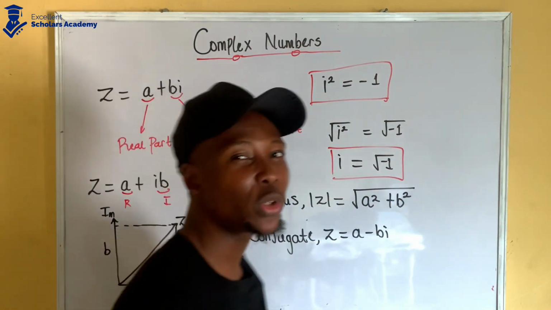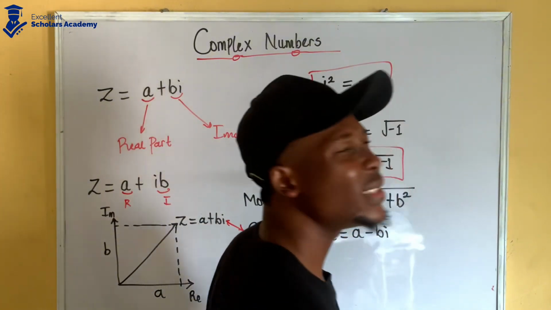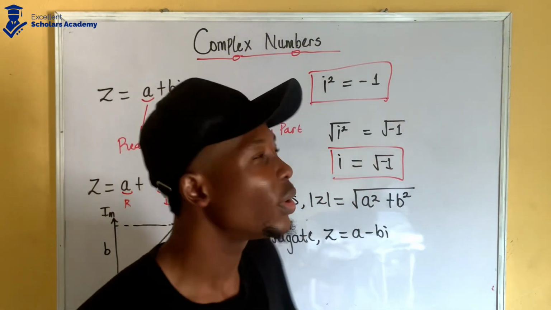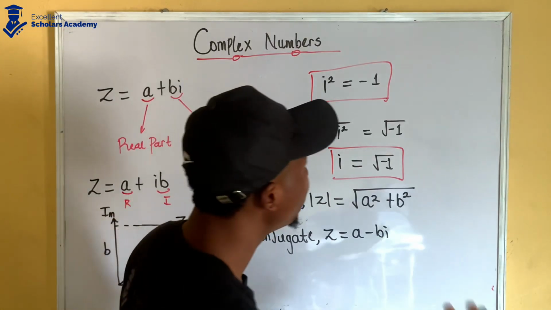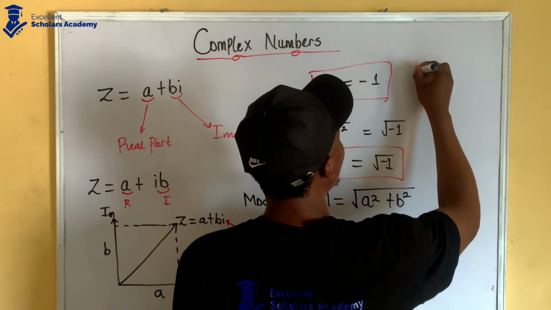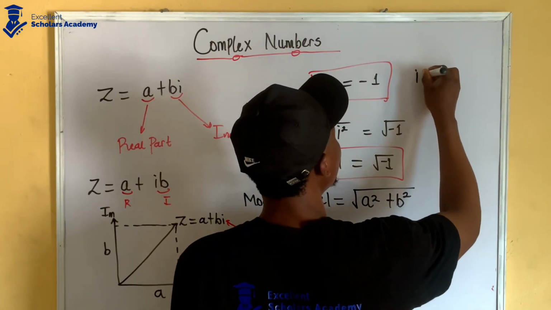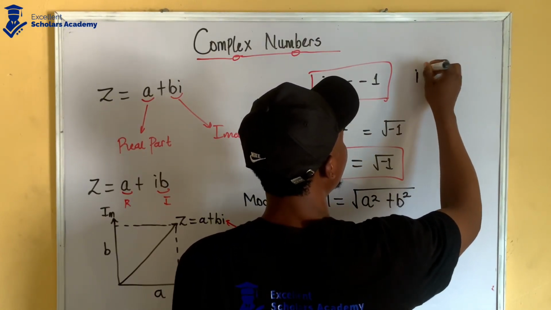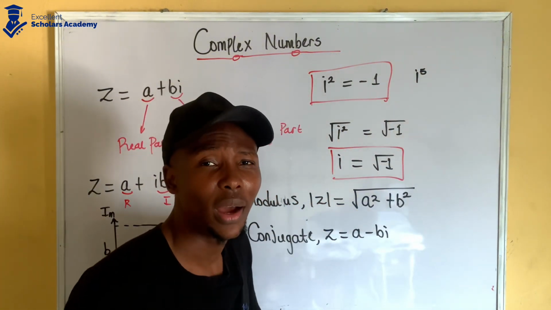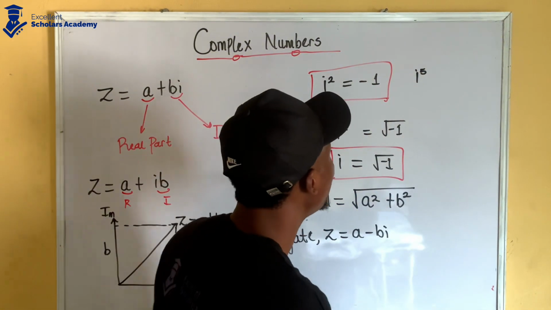Now, another thing I want us to know is how we can simplify the powers of a complex number, especially the simple ones. For instance, if we have I to the power of 5 and we are asked to simplify it, how do we do that?